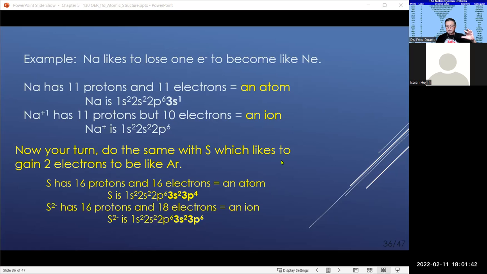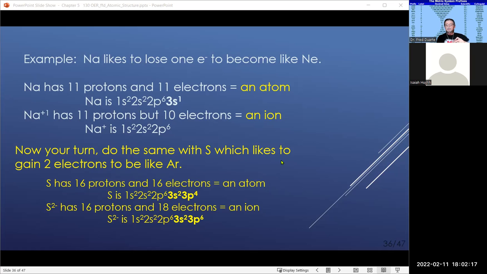As it picks up electrons, it's going to pick up specifically 2. So now it still has 16 protons, but now has 18 electrons. 16 positives, 18 negatives. Its overall charge is a -2. And hence we put a superscript -2 on the elemental symbol for sulfur, as we put a superscript positive for sodium in the previous example.